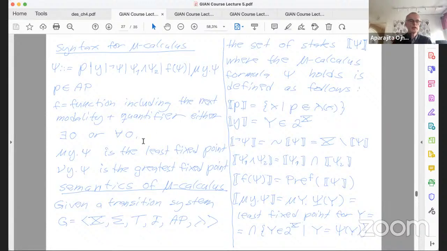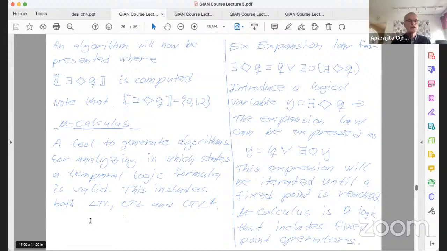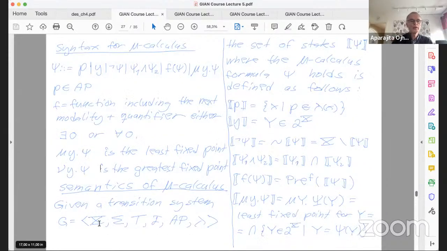Now I assume that I have a given transition system, G, with a state set X. Note here specifically, I use capital X instead of capital Q for the set of states.